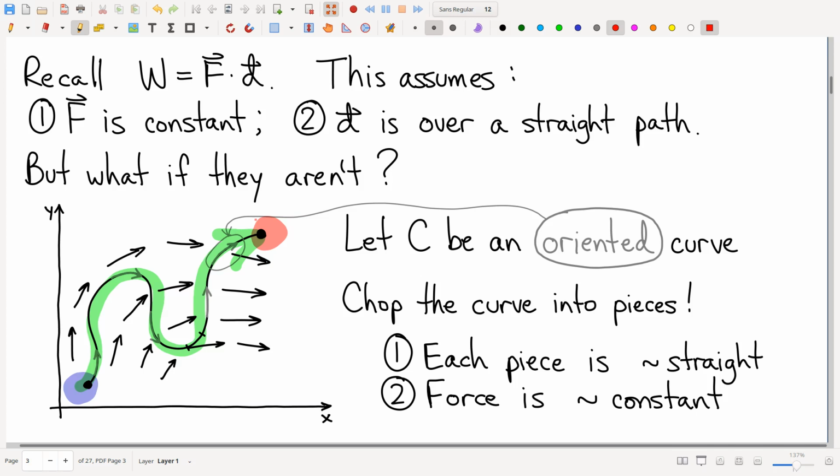So when we ask, how much work does it take, there's something about the question that is intrinsically going a certain direction. The fact that we are going this way along the curve is key.